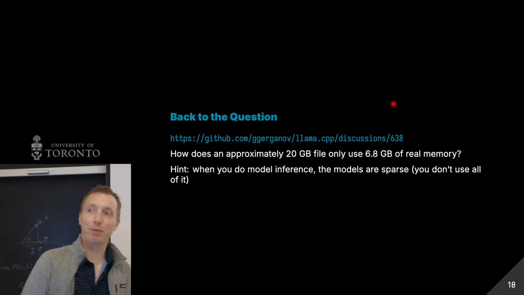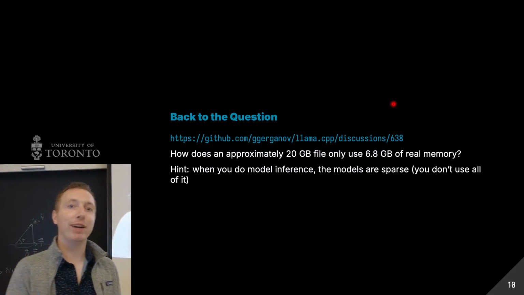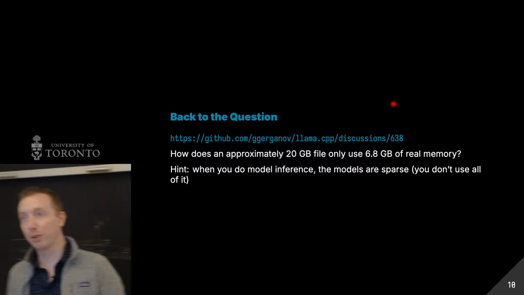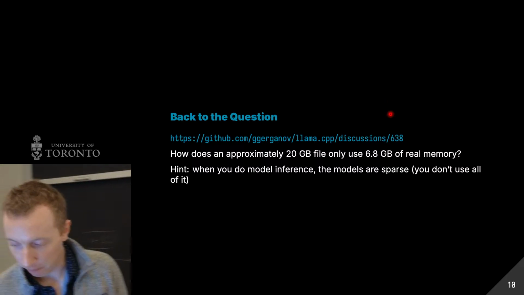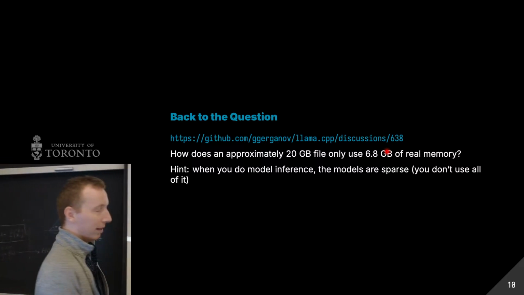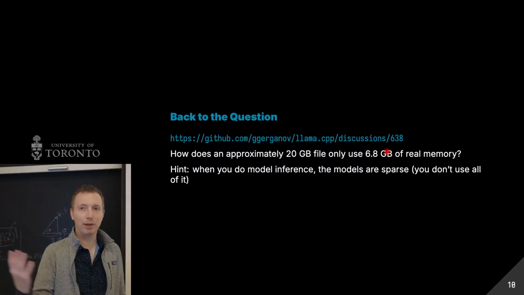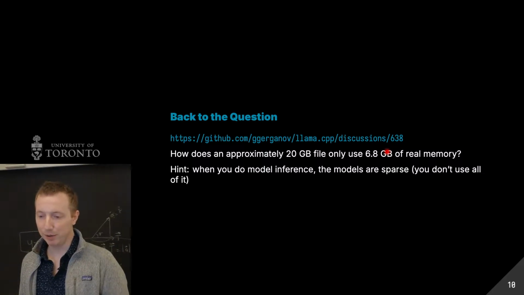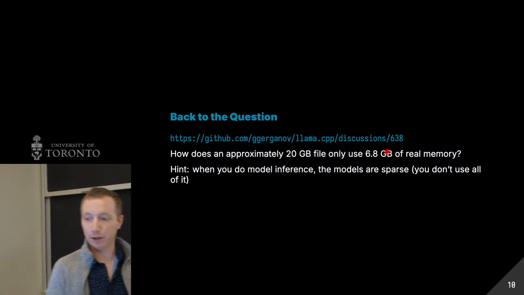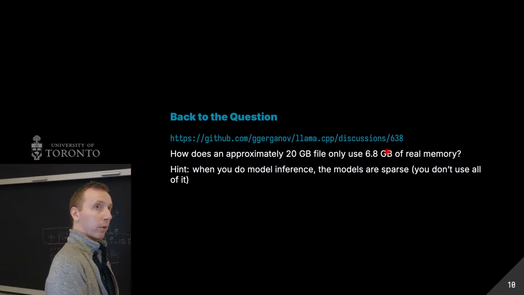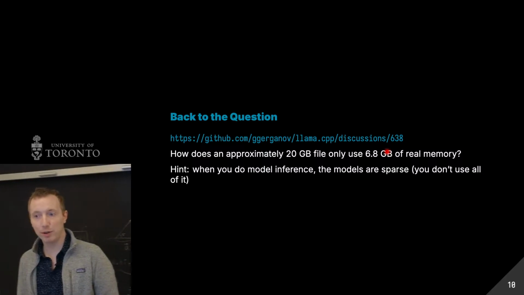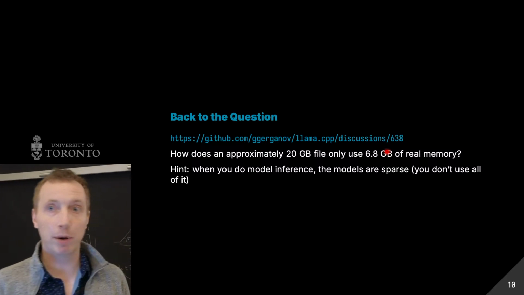The implementation before that did write system calls over and over and over again to finally fill 20 gigs of memory. But somehow they made use of this entire 20 gig model while only using 6.8 gigs of memory on a real system. So whenever you do model inference, typically models are really sparse when you do inference, so you don't use all of the model.